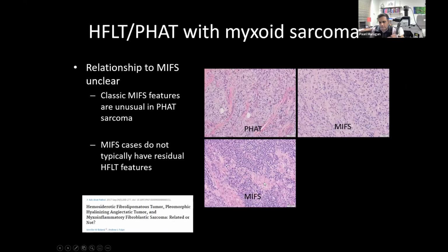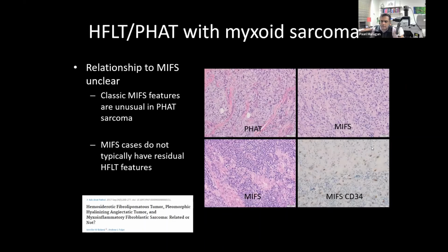So maybe it's not the same entity. In addition, CD34, as we saw, is typically diffusely intensely positive in these tumors. In MIFS, it's only focally and patchily positive. And then the other clue is that we never see residual HFLT features in these cases of MIFS. So maybe they are not connected. So this is still hanging in the balance.